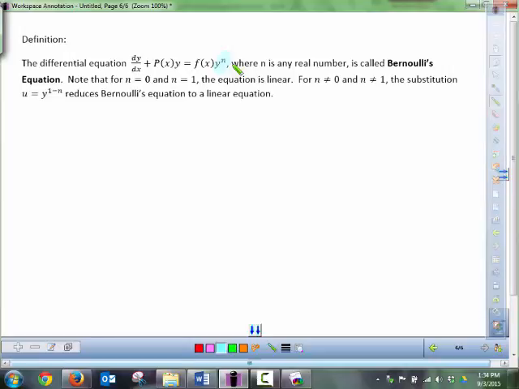If it was a linear differential equation, we'll use that integrating factor business and solve. But here we have a y to the n at the end, and we can't do anything about that. So that's not linear. But if it looks almost linear except for that little bit over there, this is called a Bernoulli equation.